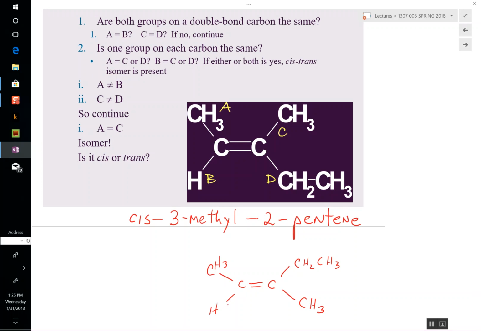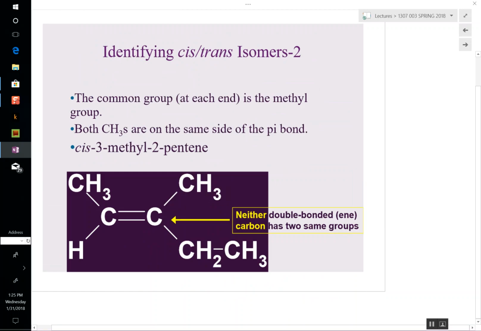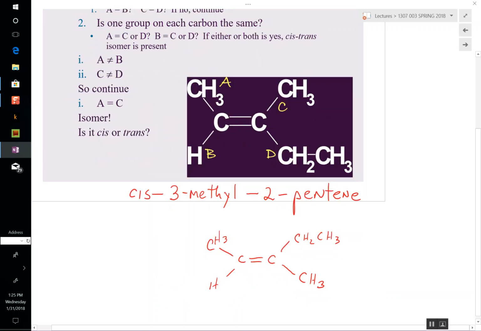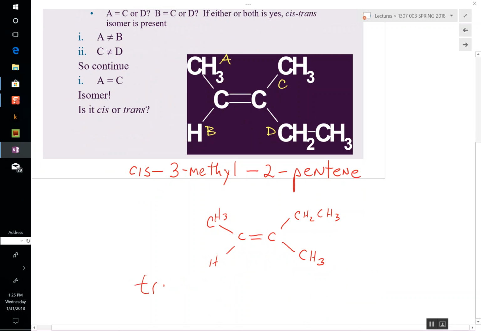So there are two 3-methyl-2-pentenes. They're geometric isomers of one another. Yes? Trans. That would be trans. This one would be trans 3-methyl. I think so. 1, 2, 3, 4, 5. It's still 5 long.